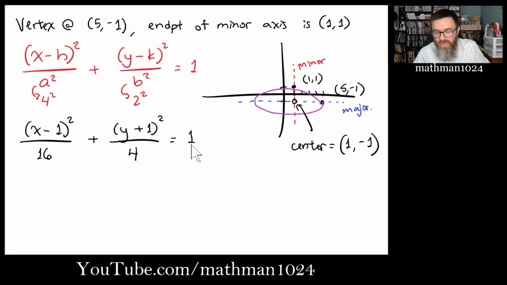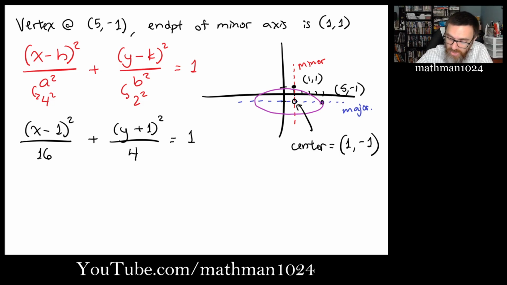So that would be the equation of the ellipse that goes through those 2 points, where one is a vertex and the other is an endpoint of the minor axis. All right? And then from here, we should be able to answer everything else about this ellipse. You've got the center.